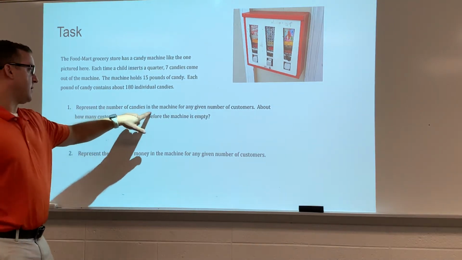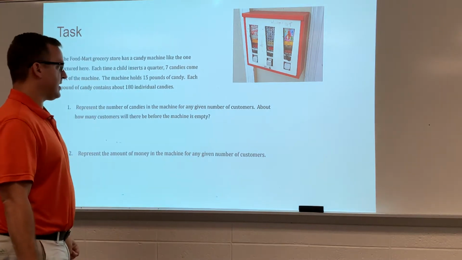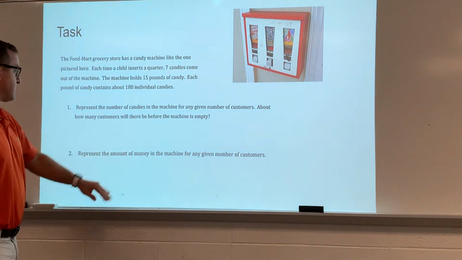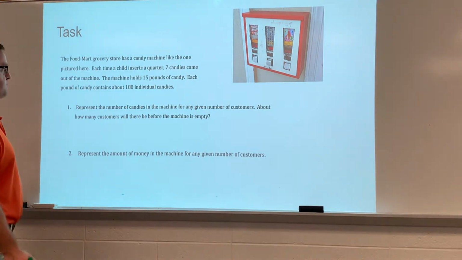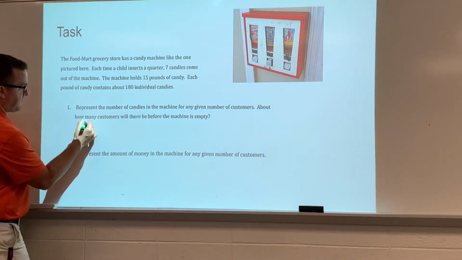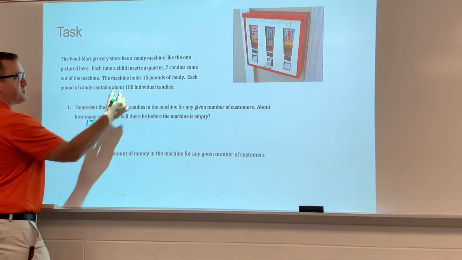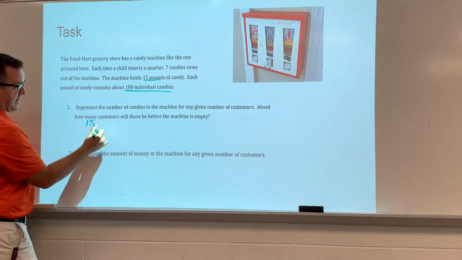So represent the number of candies in the machine for any given number of customers. About how many customers will there be before a machine's empty? First let's find the total when it's filled up. It'll fit 15 pounds of candy, and each pound has 180 individual candies.